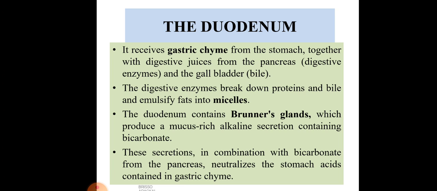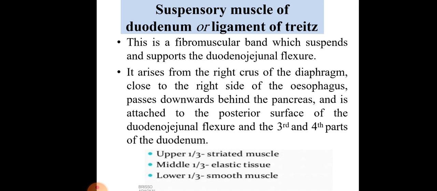The digestive enzymes break down the proteins and bile emulsifies fats into micelles. The duodenum contains Brunner's glands, which produce a mucus-like alkaline secretion containing bicarbonate. These secretions in combination with bicarbonate from the pancreas neutralize the stomach acids contained in the gastric chyme.